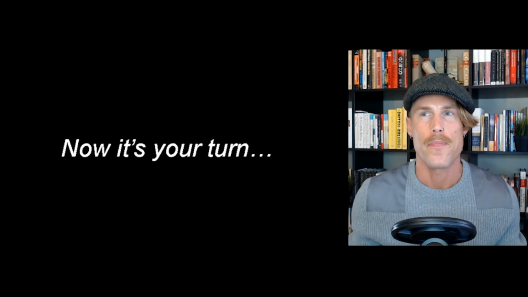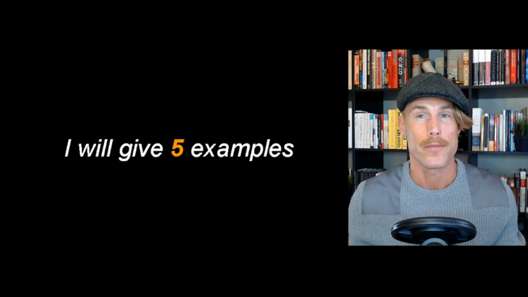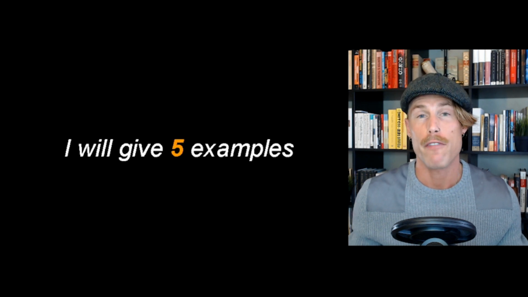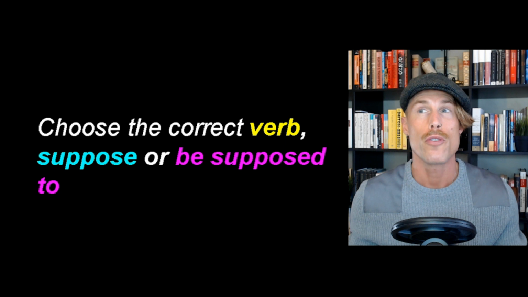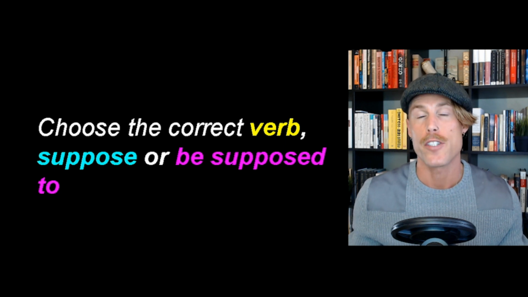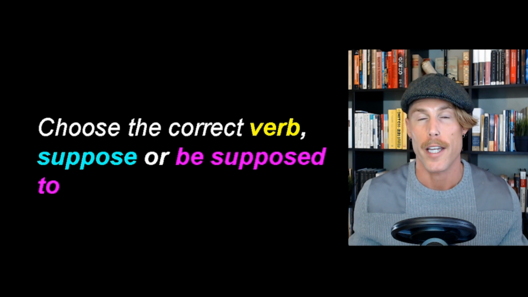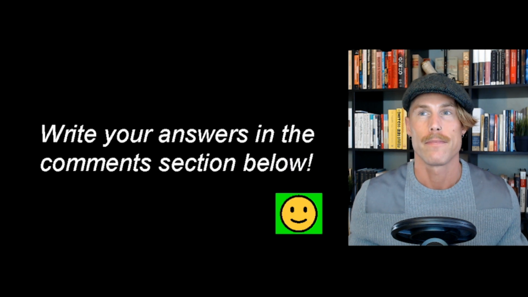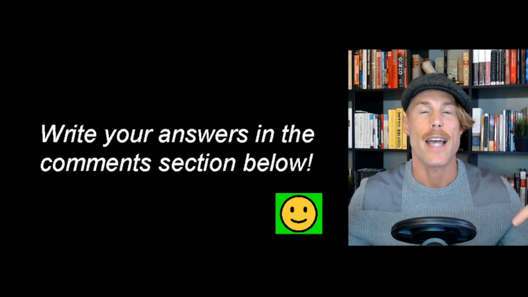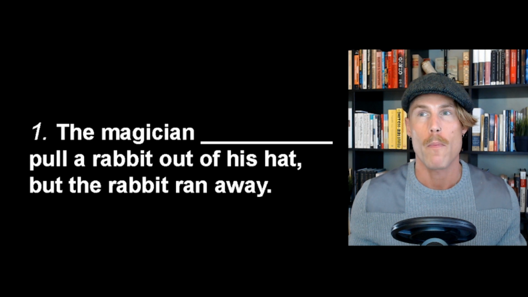Okay. Now it's your turn. I will give 5 examples. Choose the correct verb, suppose or be supposed to. You might have to change the be verb. Okay? Write your answers down in the comments section below.